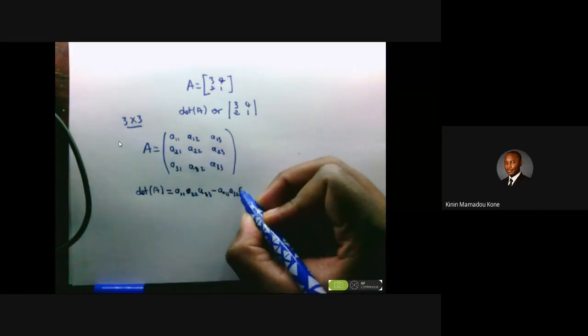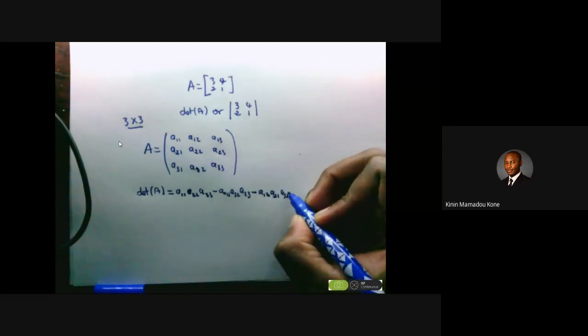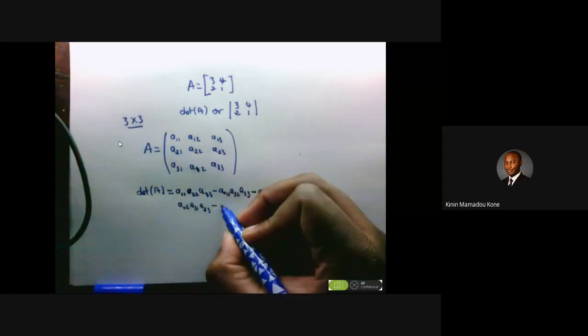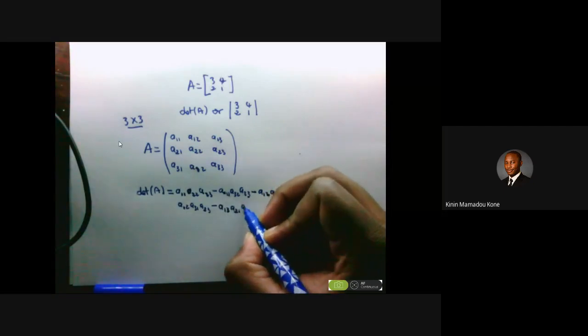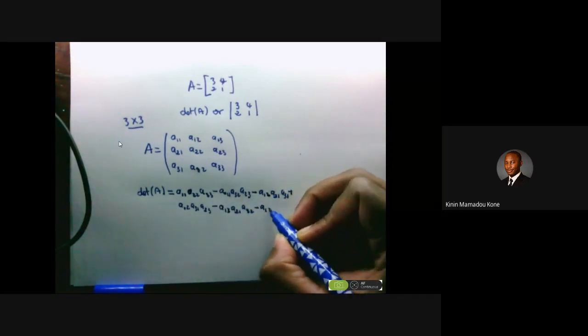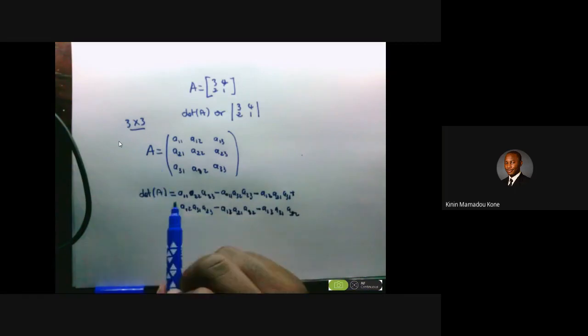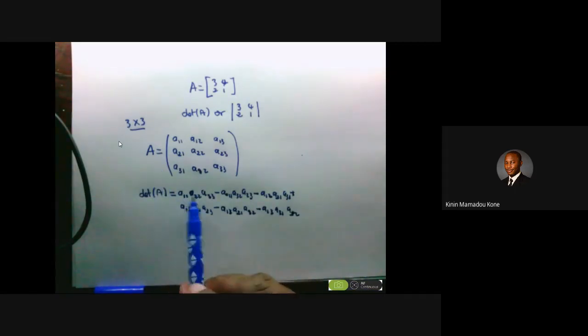The determinant of the matrix A equals A11 A22 A33 minus A11 A32 A23 minus A12 A21 A33 plus A12 A31 A23 minus A13 A21 A32 plus A13 A31 A22.